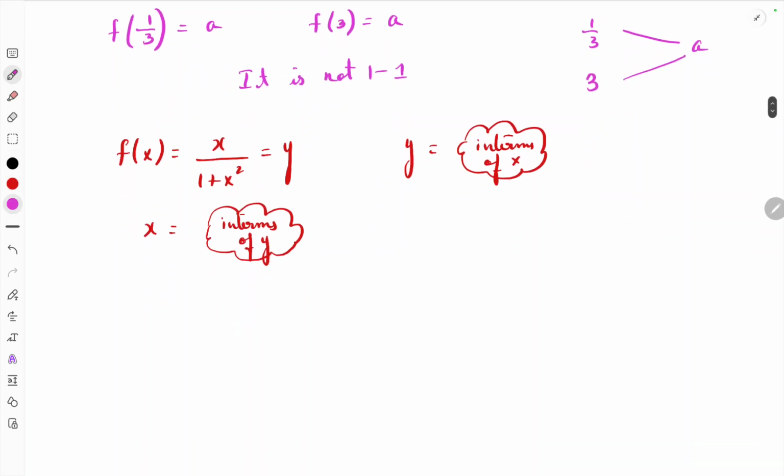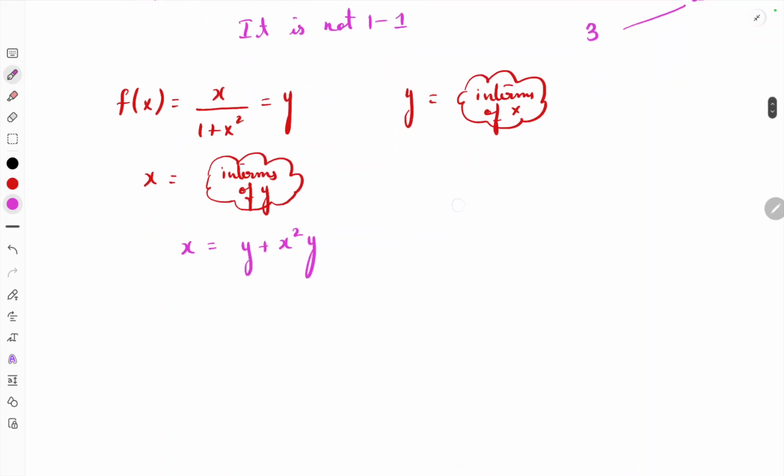So if we cross multiply this, so we get y plus x square y equal to x. So this is one quadratic equation. So I can write this quadratic equation in this form, x square into y, then here x and the constant term. So here we have yx square, and here this coefficient is minus 1, and here it is plus y equal to 0.